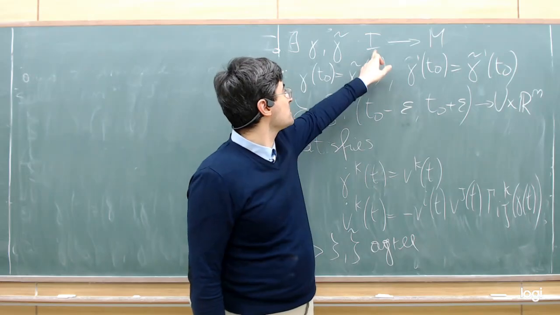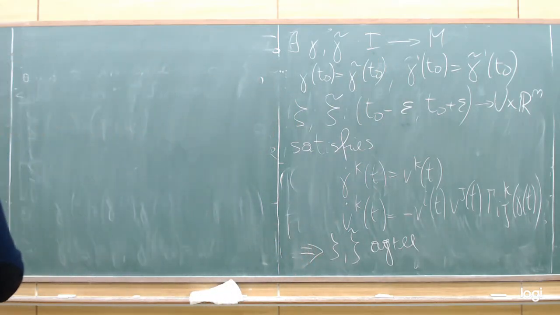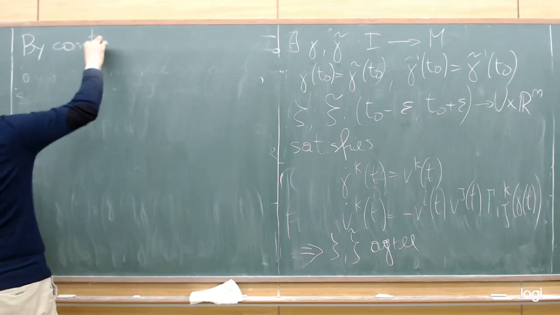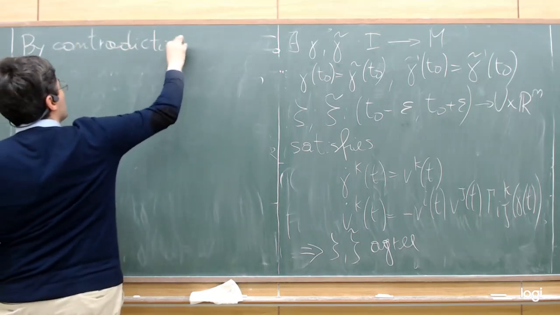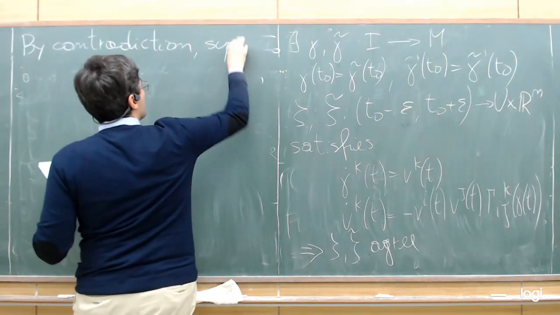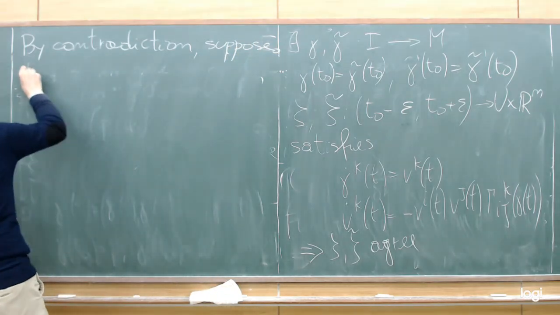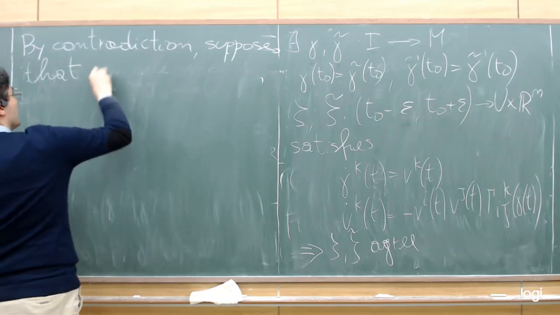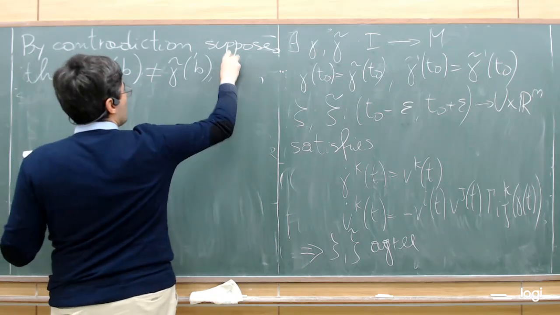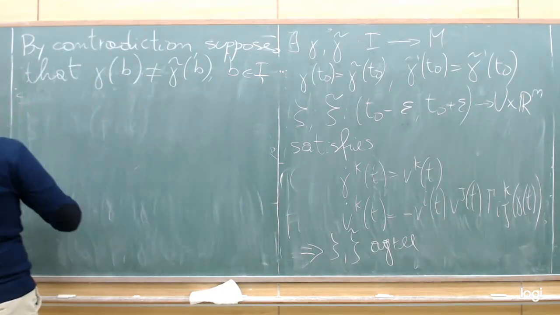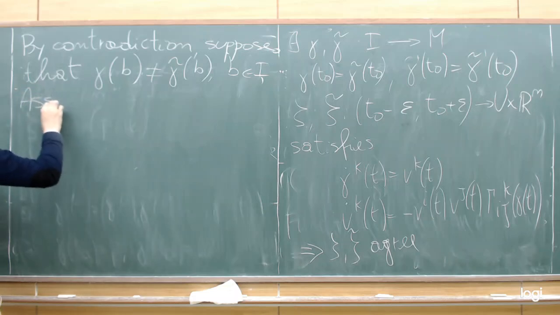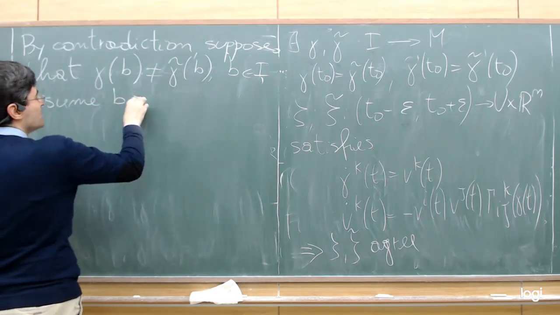We want to prove that they coincide on I. So suppose by contradiction that gamma(b) is different from gamma tilde(b) with b in I. We can suppose that b is larger than t0.